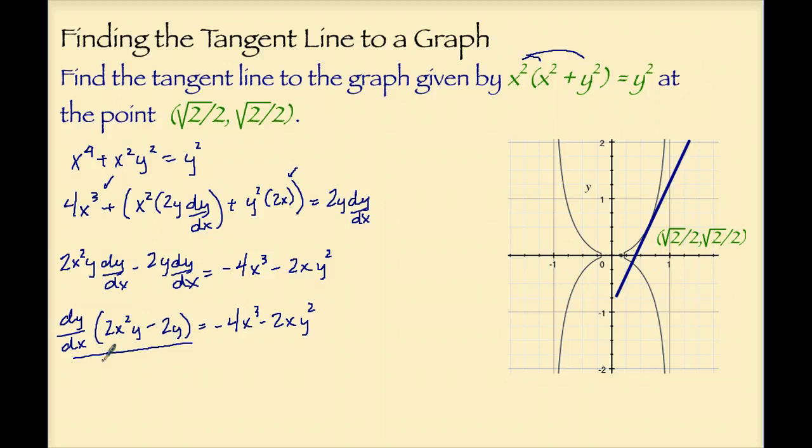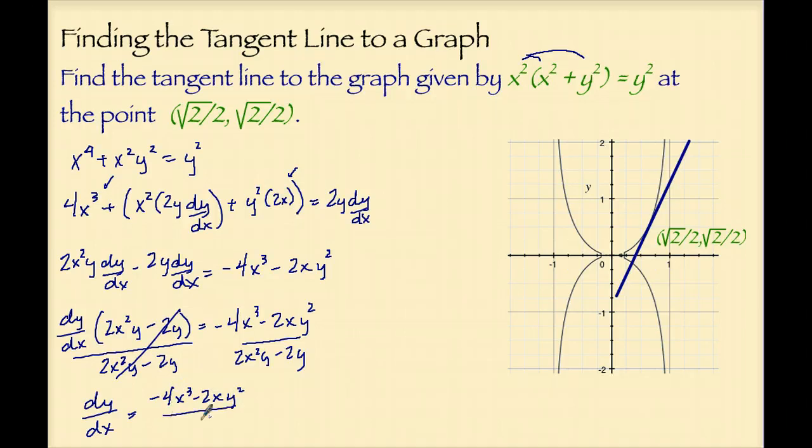And for our last step, we'll divide by this factor, creating our derivative. Dy dx is equal to, since these factors cancel, negative 4x cubed minus 2xy squared over 2x squared y minus 2y.